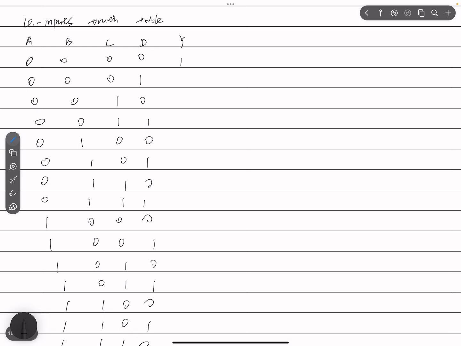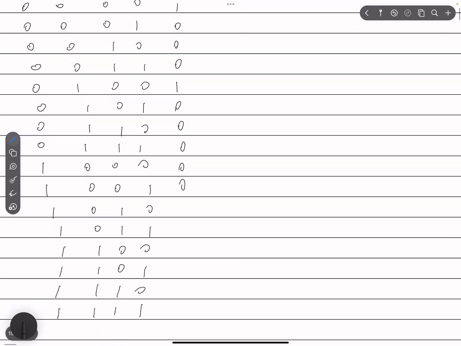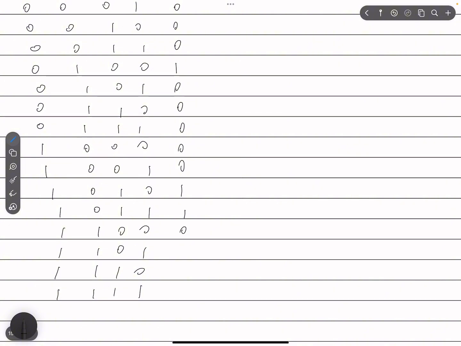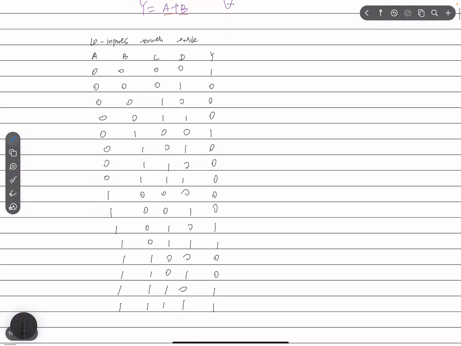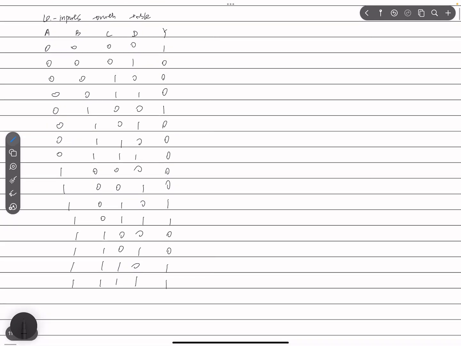Say we have the result 1, 0, 0, 0, 1, 5 zeros, and 1, 1, 0, 0, 1, 1. So let's say we have something like this as our truth table, and we need to build the K-map for it.